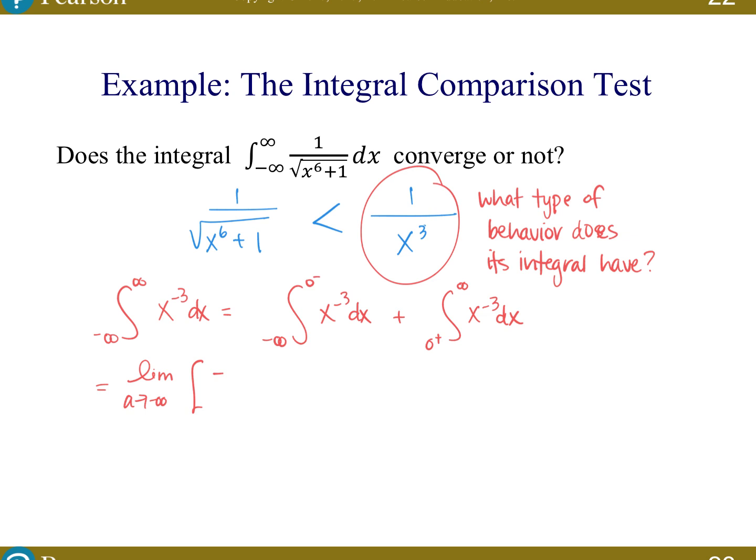So negative 1 over x, negative 2 over x squared plus c, going from a to 0 minus. And then on the other one, we're replacing the top one. So b, and we'll get negative 2 over x squared plus c from 0 plus to b.